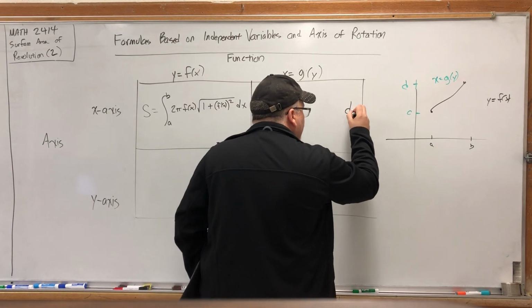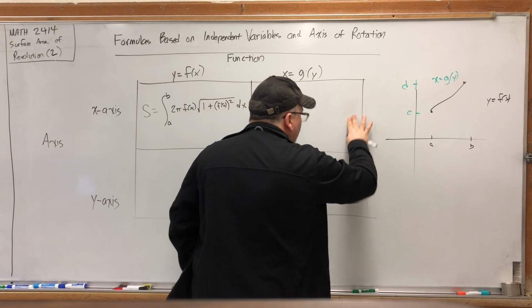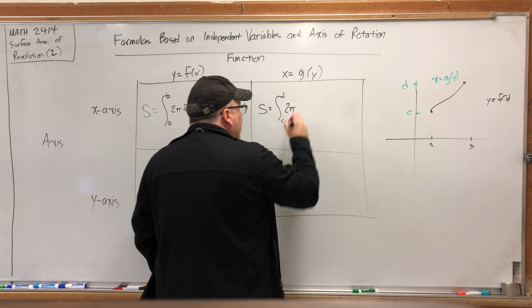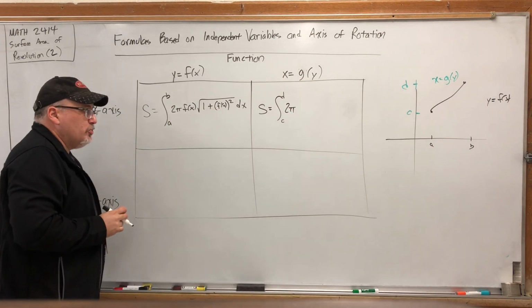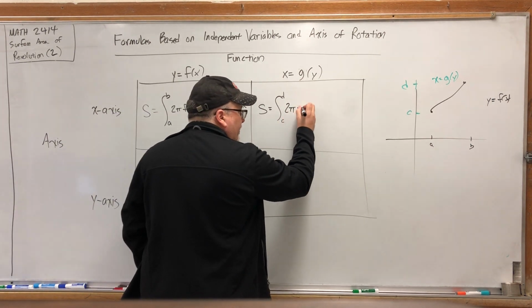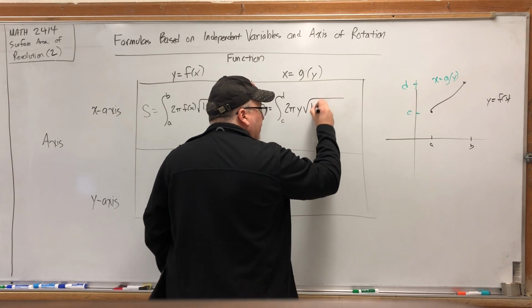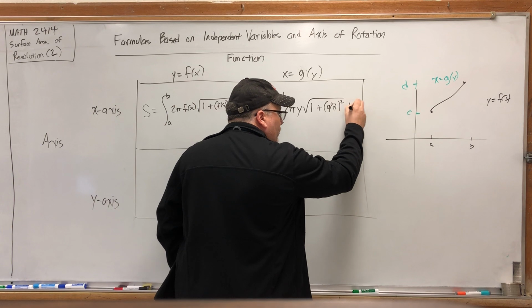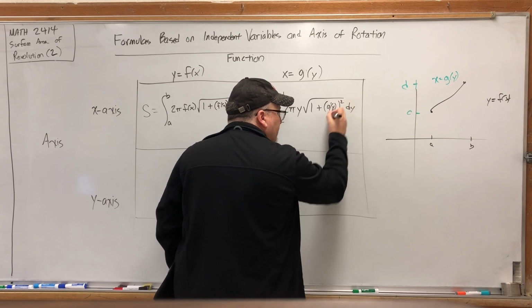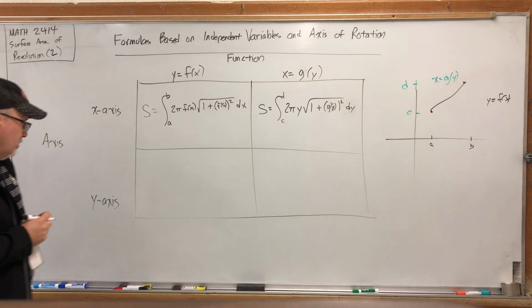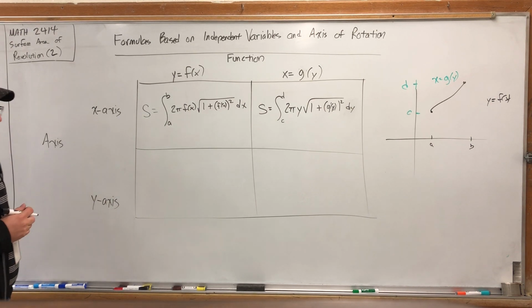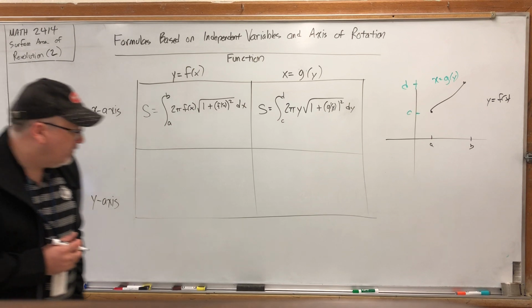dy. I'll get to the dy in a second. Doing a dy integral, basically. It was 2 pi, but instead of f of x, it was just y. And then the square root of 1 plus the square of the derivative, g prime of y, dy. However, if we were to rotate around the y-axis, everything would pretty much just be reversed.